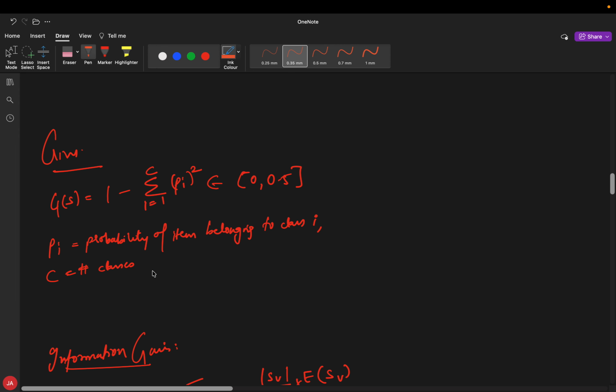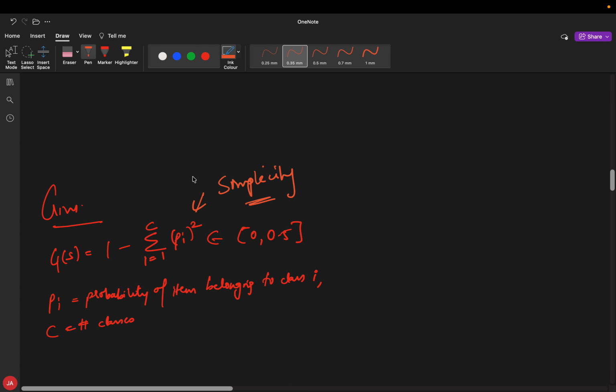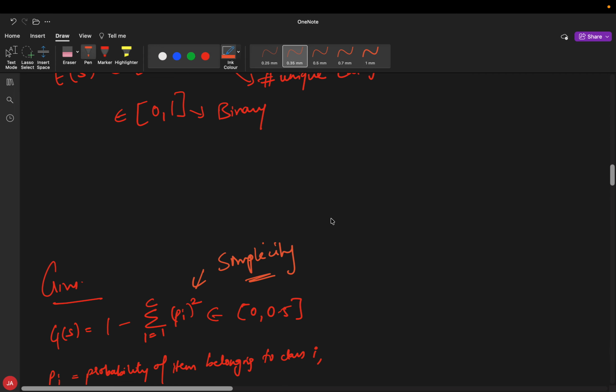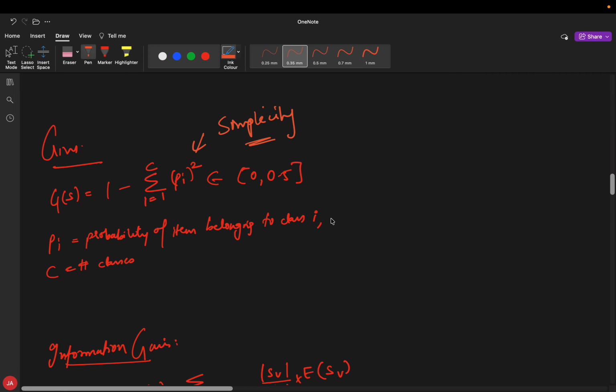Gini is much more used in industry because of its simplicity. Gini is used more because entropy has a log in it, and calculating the log is computationally heavy.